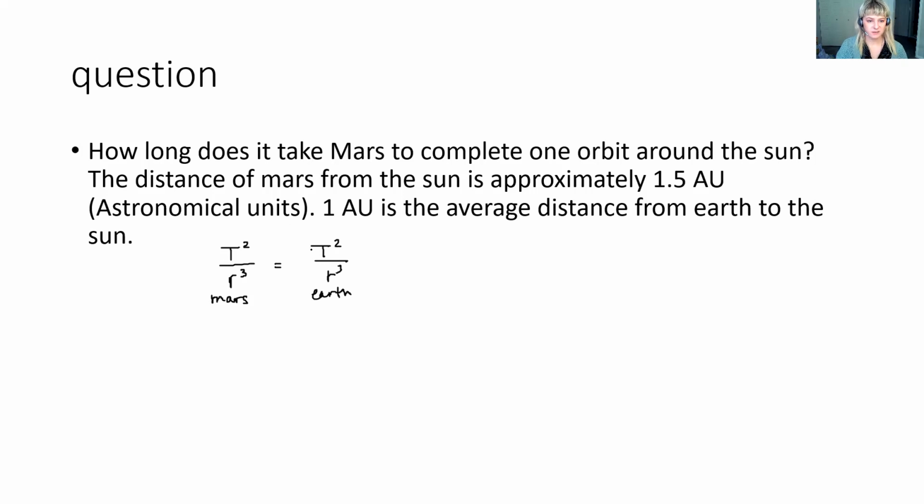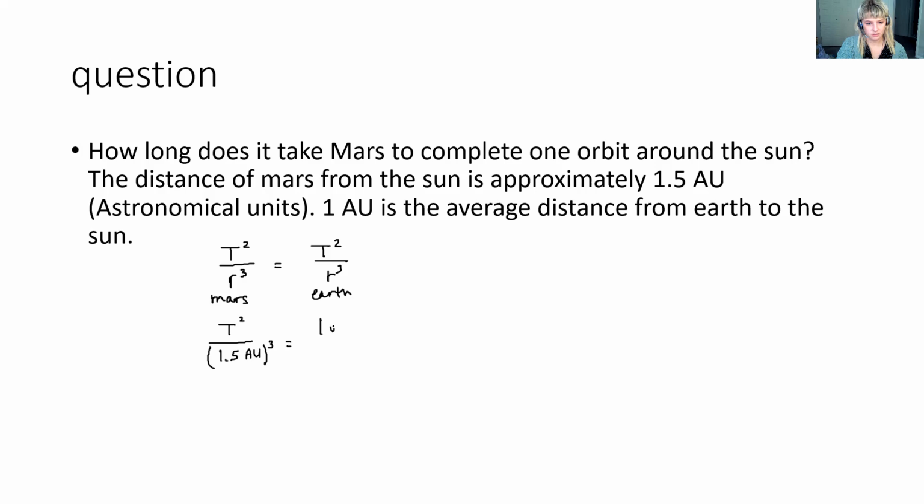These always have the same number. We're looking for T, the time that it takes for Mars to go one orbit around the Sun. We know the distance is approximately 1.5 AU for Mars. So T squared over 1.5 cubed.